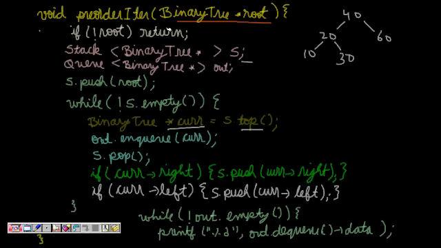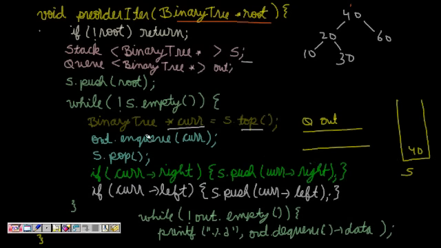So what happens, I call pre-order and pass the root. Now there is a stack, and there is a queue. This is a queue, this is a stack, and this is basically the output. So what I do is I push the root here.